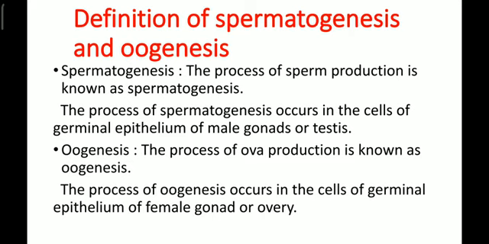What is a gonad? A gonad is the primary sex organ responsible for the production of sex hormones and germ cells, or reproductive cells. Gonads are of two types: the male gonad, called the testis, and the female gonad, called the ovary. The process of ova production is known as oogenesis. It occurs in the cells of the germinal epithelium of the female gonad, or ovary.